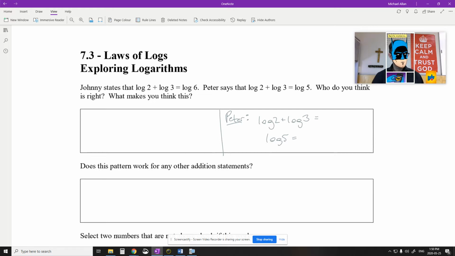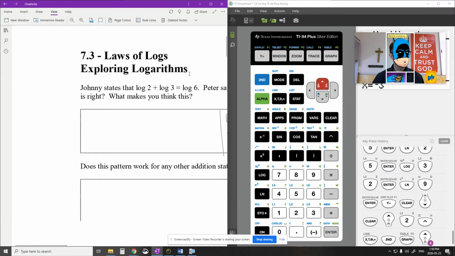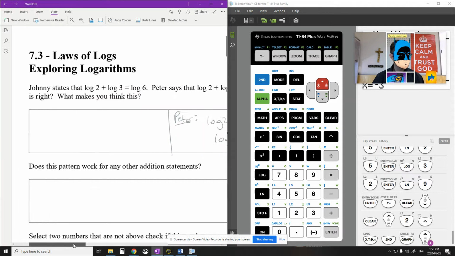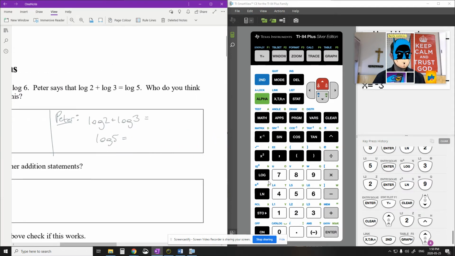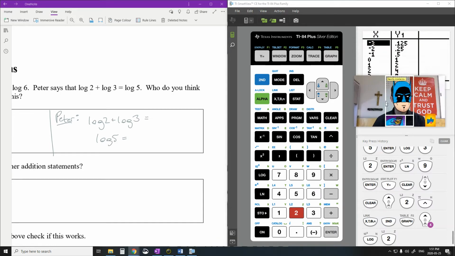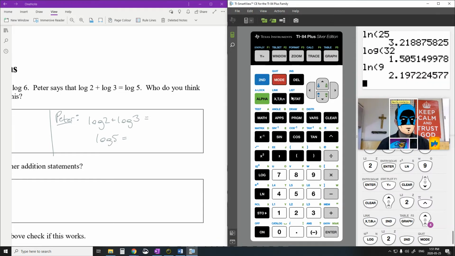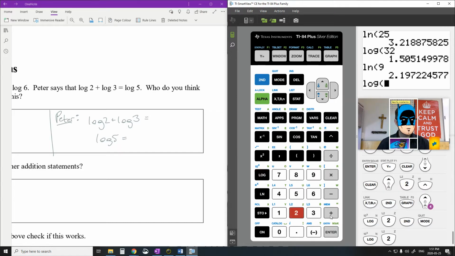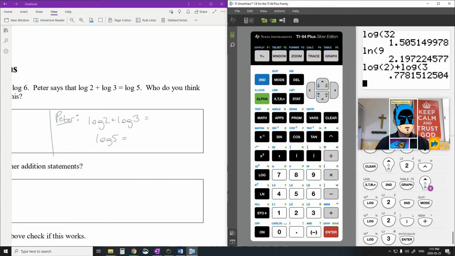Let's put it in my calculator. So log 2 plus log 3 is 0.77815... a bunch of decimals there.